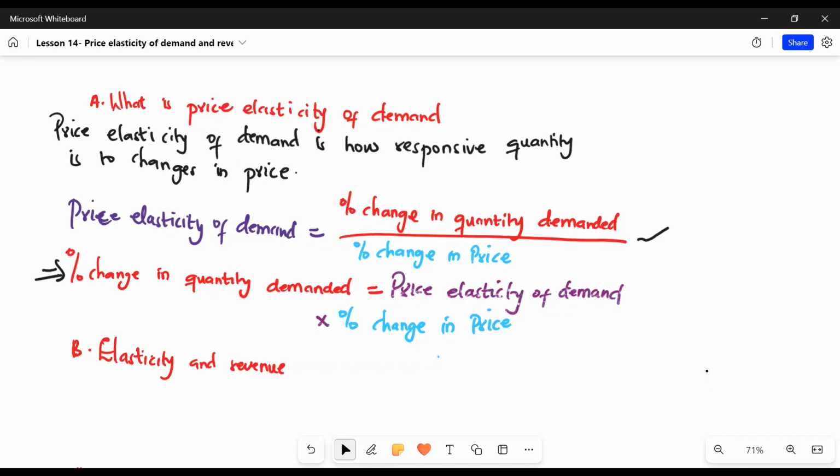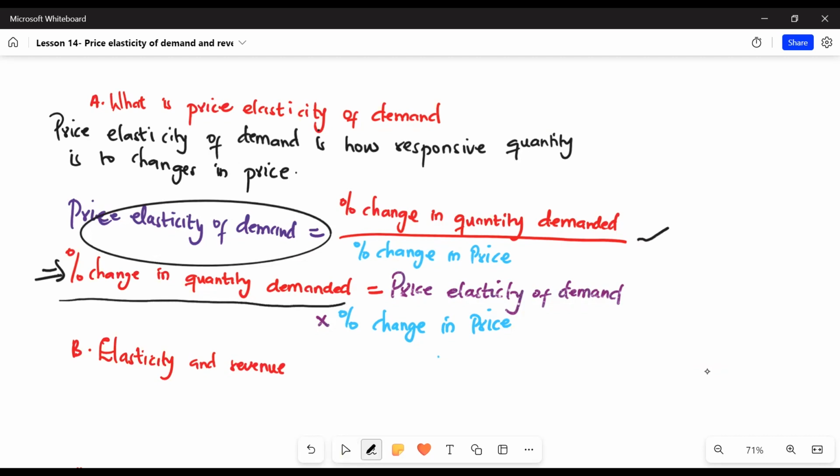From this formula of price elasticity, we can rewrite it to get percentage change in quantity demanded as the price elasticity of demand times the change in price. This means that firms can predict how much quantity demanded will change if they know how elastic the demand curve is and the price of the good.